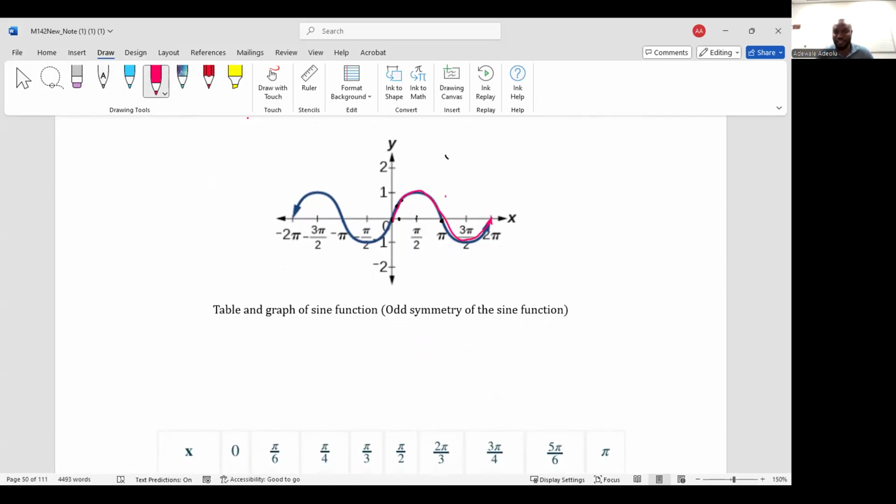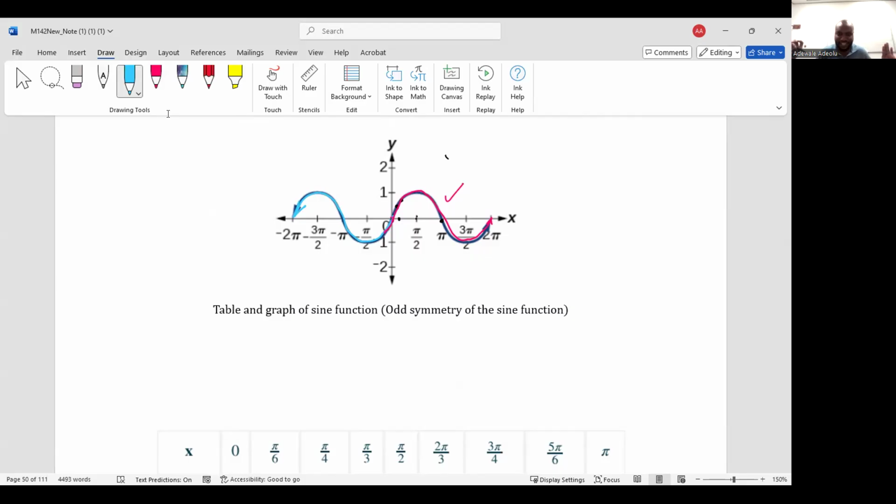Remember, this part is counterclockwise, the way we move for positive angles. For negative angles, I need to move in the clockwise direction. We have this side from here, then it behaves this way.